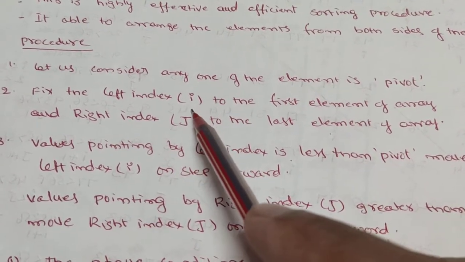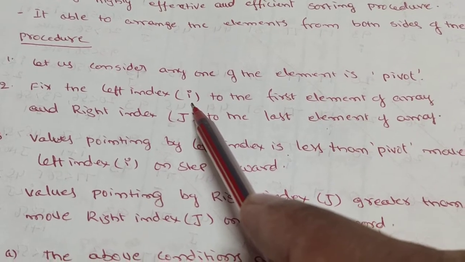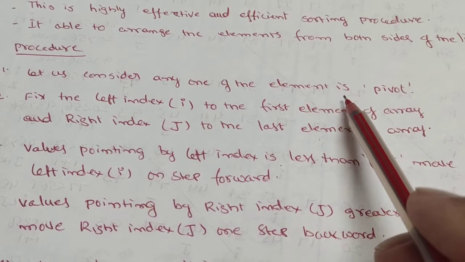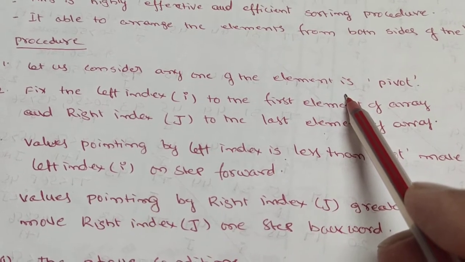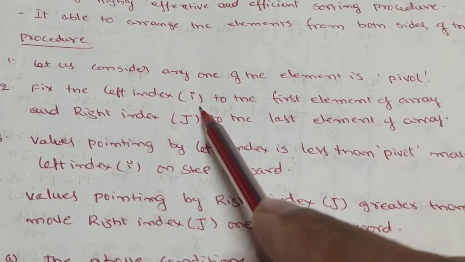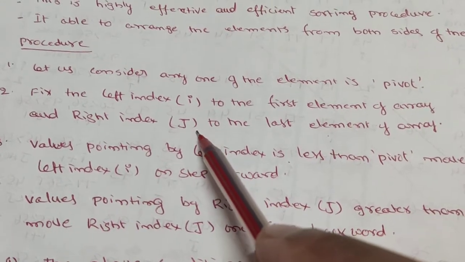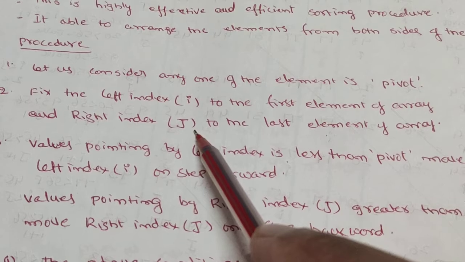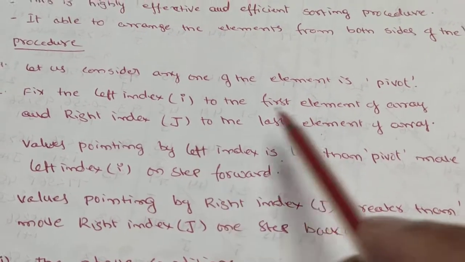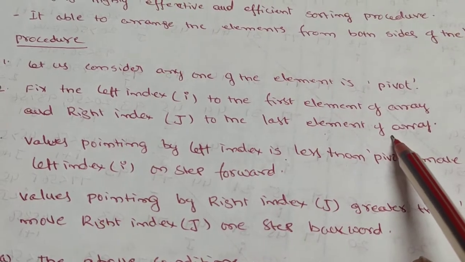I consider the left index i to be the first element of the array. Generally the pivot element may be at the zero index position of the array. The left index is the first position of the array, and from the right side we fix one more index, j, that points to the last element of the array.